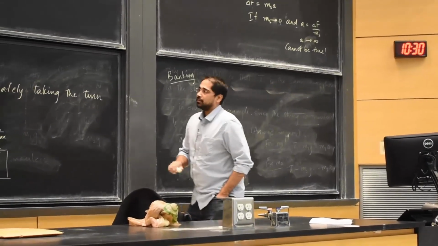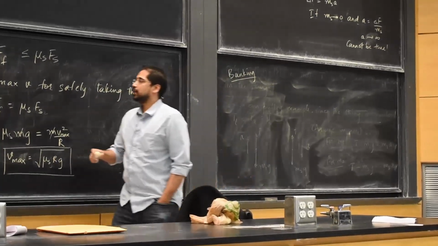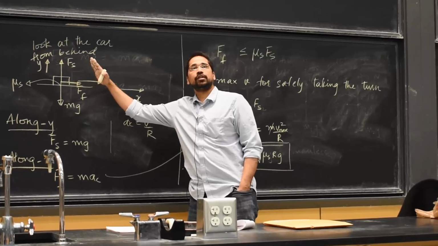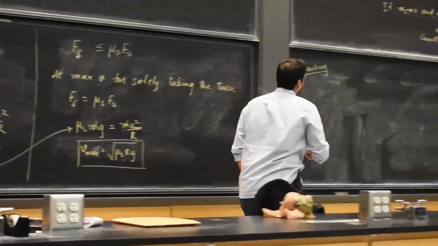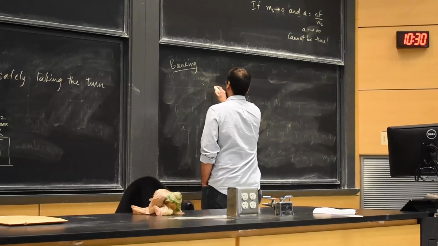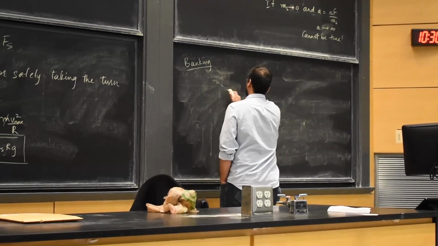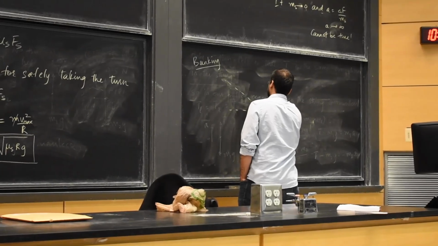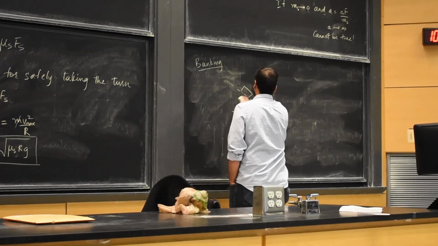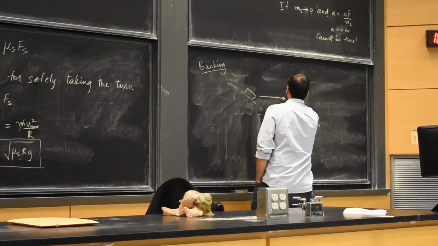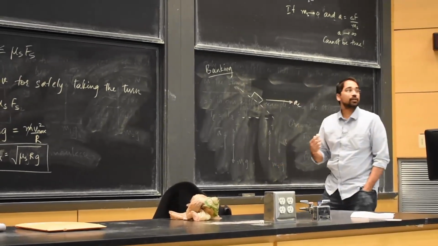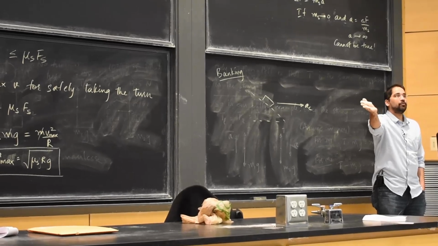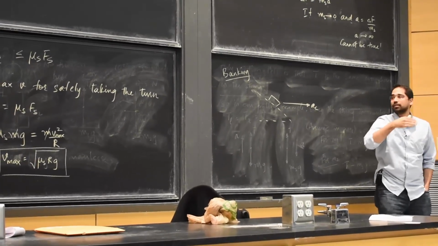So if this car were on a banked road, this free body diagram, instead of being on level ground, would actually be on an incline. Let's take a turn this way. The acceleration is still towards the right because I'm still taking a turn the same way. It's just the road that is tilted.